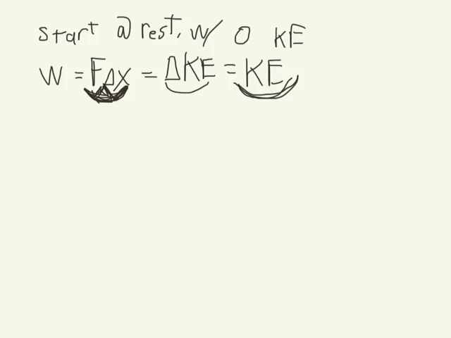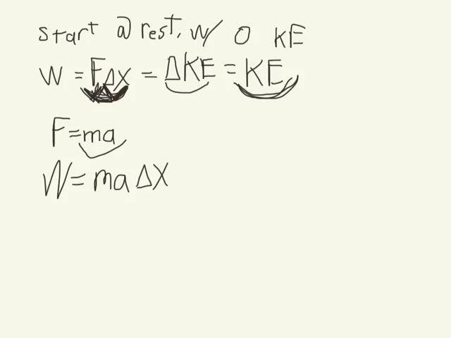So instead of using F and delta x, let's use Newton's second law, force equals mass times acceleration, and insert ma instead of F. And then from the kinematic equations, we can use another equation for delta x.